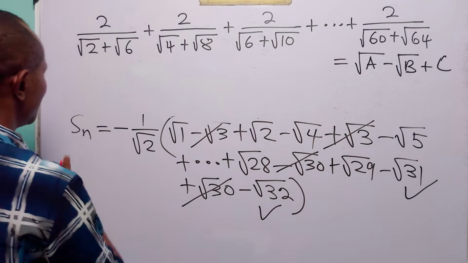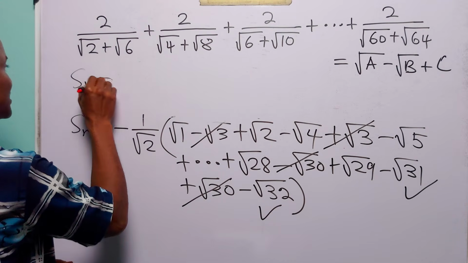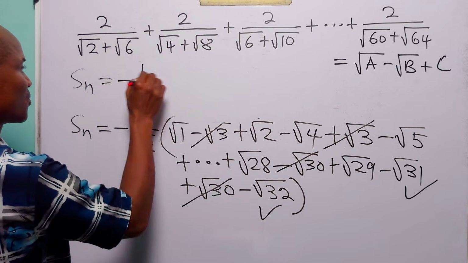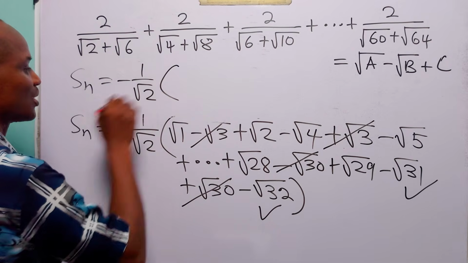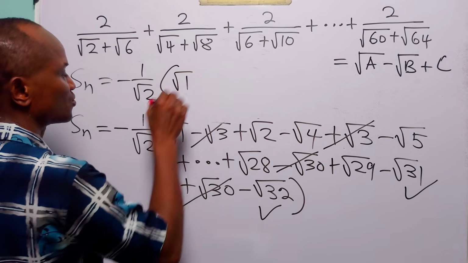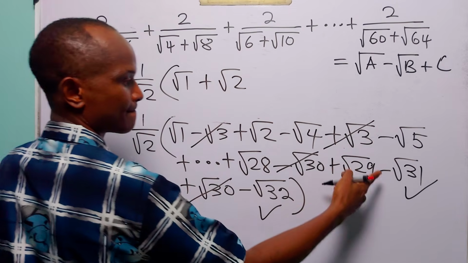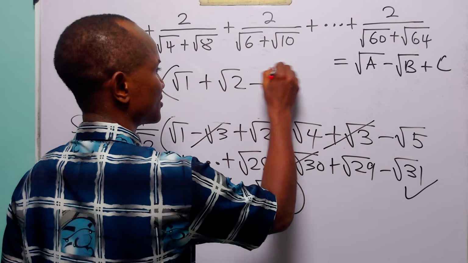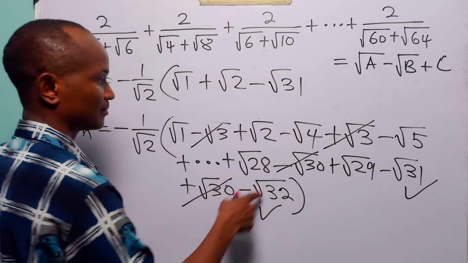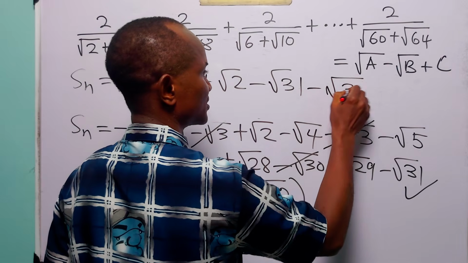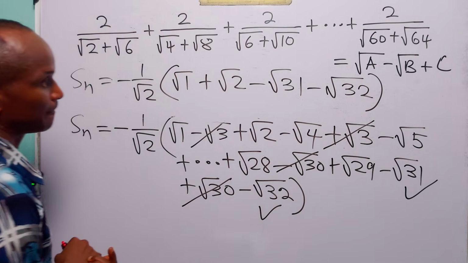So we have that the sum is equal to minus 1 over root 2 multiplied by root 1 plus root 2 minus root 31 minus root 32.